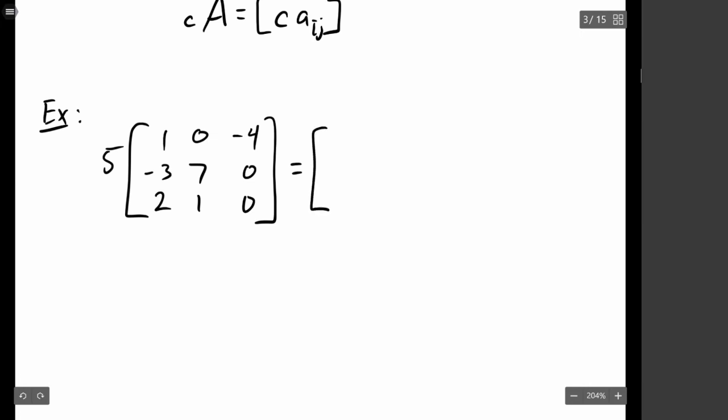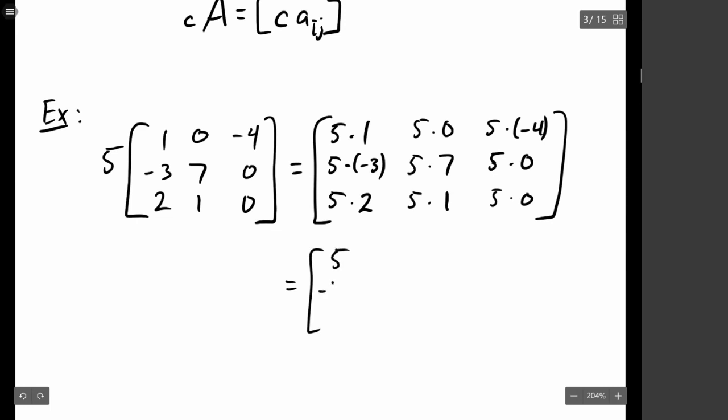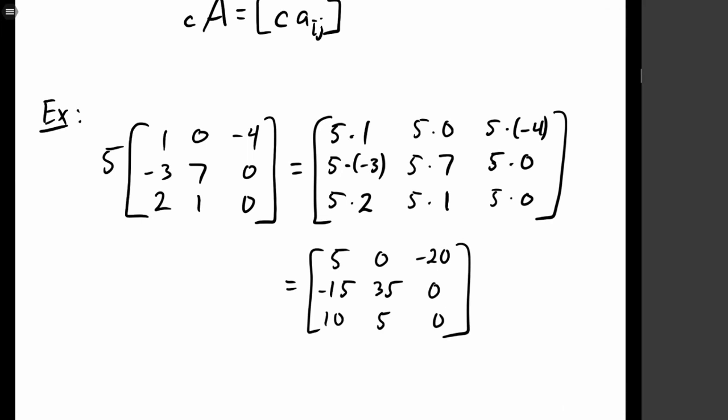Well, 5 times 1, 5 times negative 3, 5 times 2, 5 times 0, 5 times 7, 5 times 1, 5 times negative 4, 5 times 0, 5 times 0. So just compute all those. 5, negative 15, 10, 0, 35, 5, negative 20, 0, 0. So we just multiply every single entry in the matrix by that constant, by that scalar.